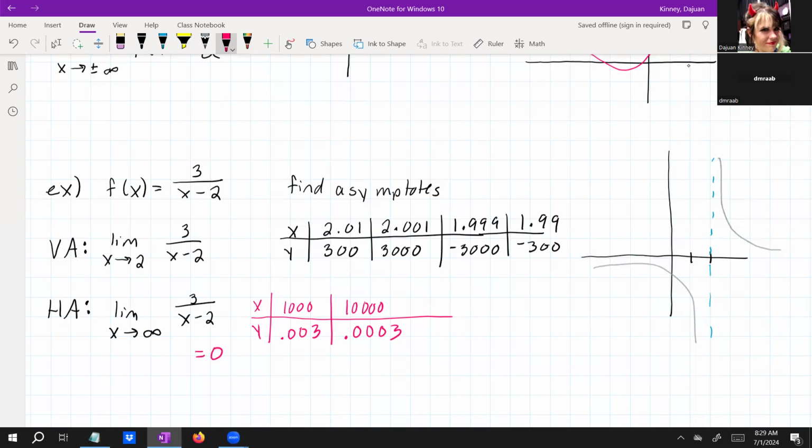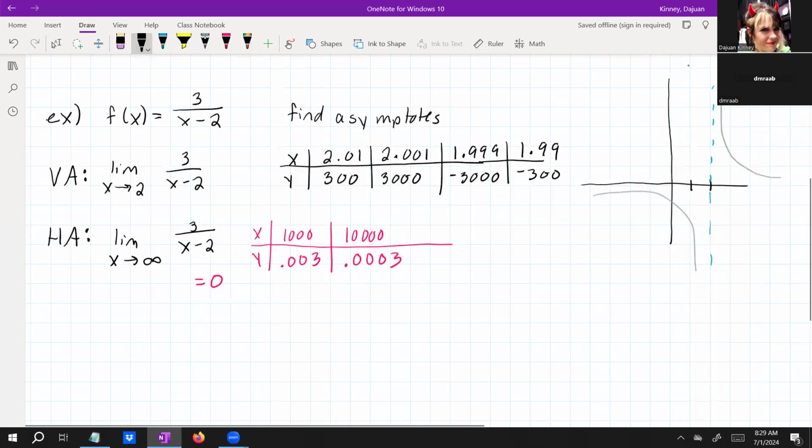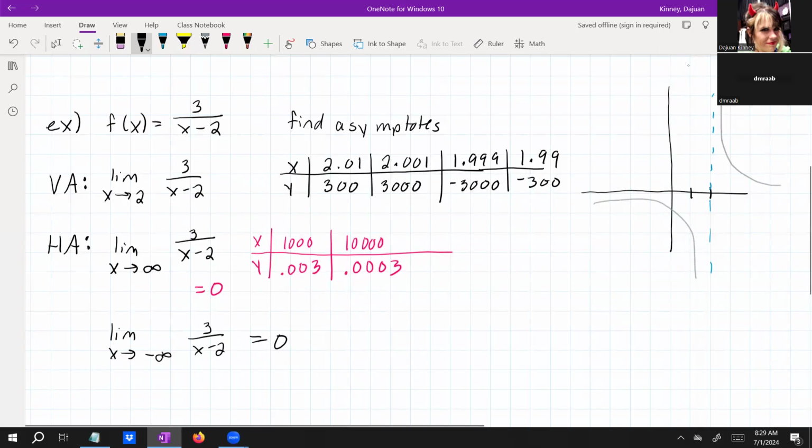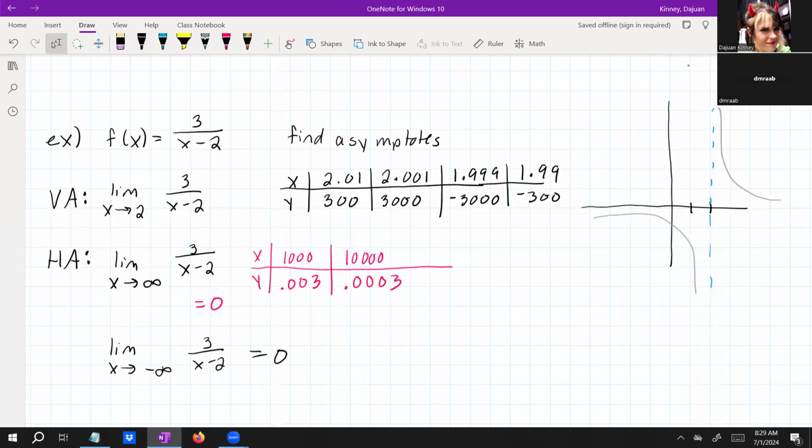So this equals 0. If we go the other direction, toward negative infinity, we're going to find the same thing. Really big negative numbers still make this approach 0. So a constant over a number that's increasing will be 0. My graph up here actually wasn't too terrible.